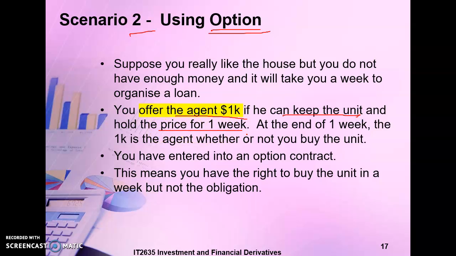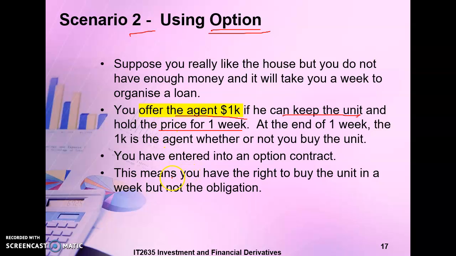So you offer the agent a deposit of 1K. In the event you don't want it, you can walk away, but then you forfeit your $1,000. Otherwise, the agent will have nothing to hold against. And why would they want to hold the price for you for 1 week? So you have to give the developer $1,000 for them to hold the unit and not to sell.